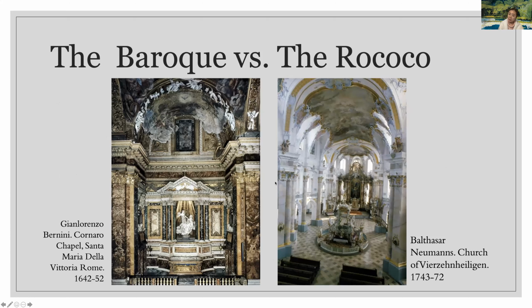So let's compare these two interior styles of the churches. The left one is from the Baroque and the right one is the Rococo. So everyone, when you see these interior styles, what's the difference? The lighting and the detail.